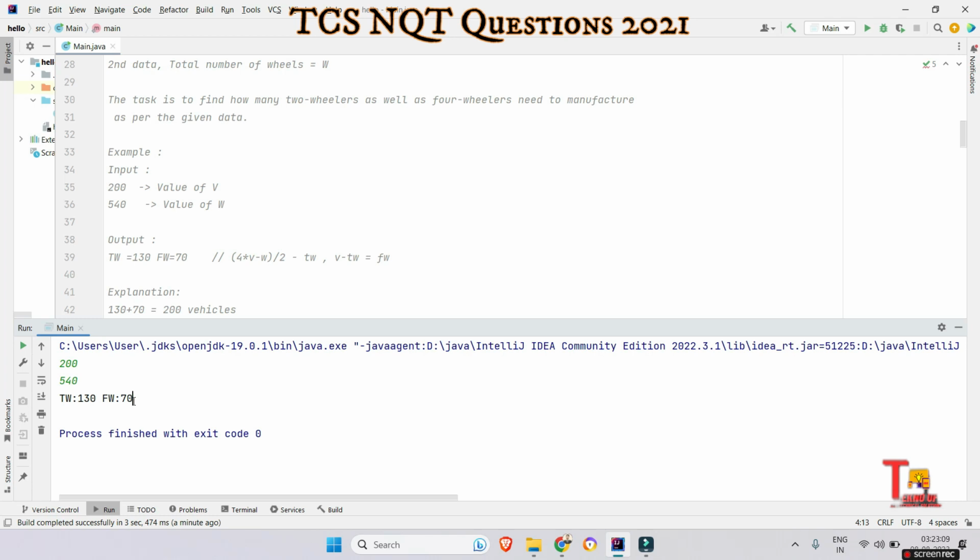So in the curry, there are many heads and many legs, right? So how many rats are there and how many rabbits are there, you have to count that. And you can take the same input like this code, right?